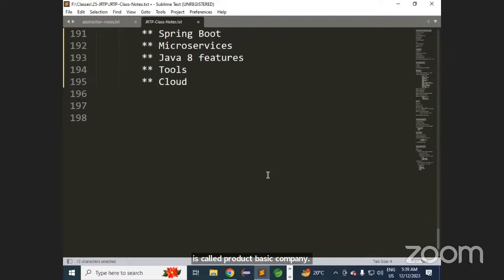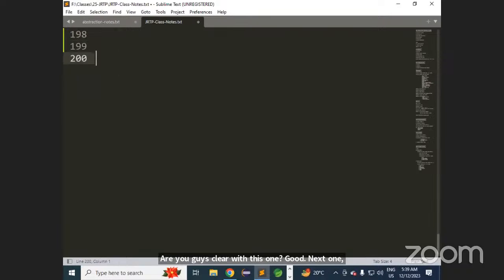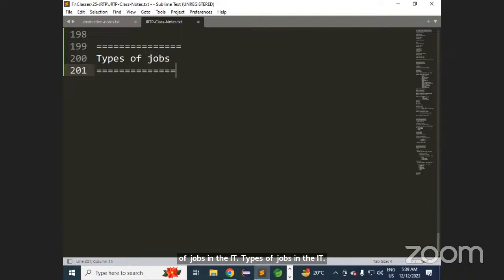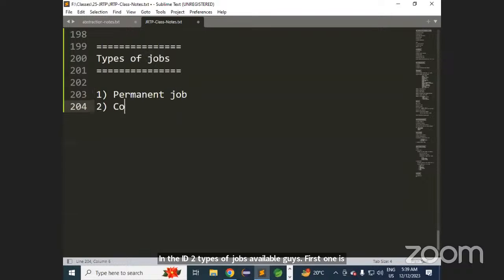Good. Next one, types of jobs in the IT. In the IT, 2 types of jobs are available, guys. First one is called permanent job. Second one is called contract job. Okay. Permanent job is available and contract job is available in the IT.